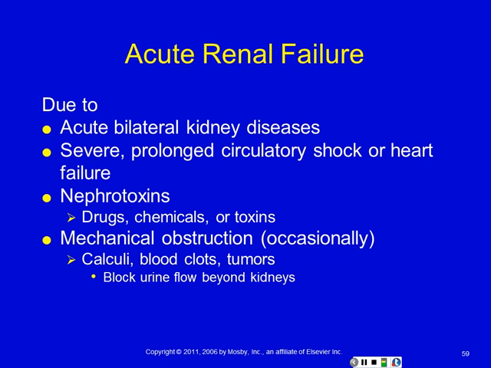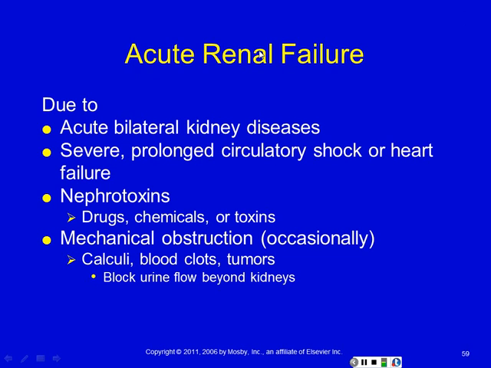So the symptoms that we see in renal failure are all related to a deficit in one of those primary functions of the kidney. The two big categories: acute renal failure is something that happens very quickly, like over weeks. Chronic renal failure is something that happens very slowly, over months to years. To get an acute renal failure, you have to have acute bilateral kidney disease.